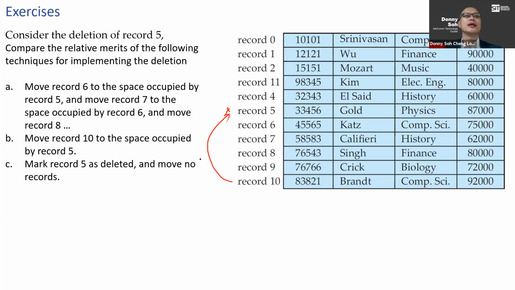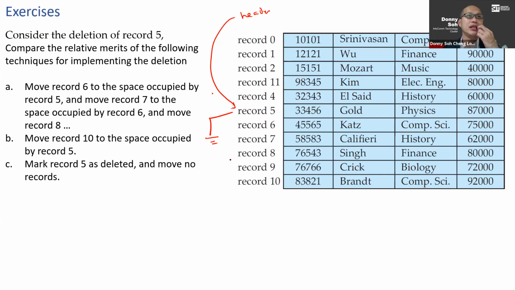The third way of doing it is I just, as I said earlier, have a header, and then I just mark record 5 as deleted.